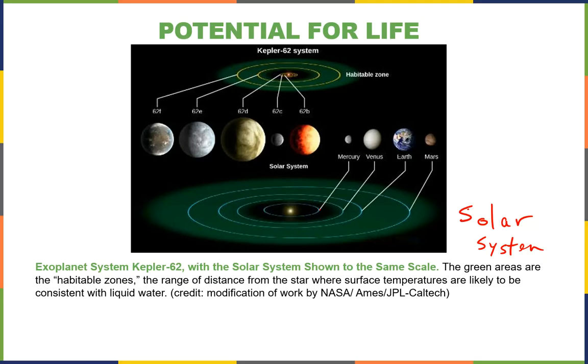Its orbit is potentially supporting life. You get further out, and the Earth is really right there in the Goldilocks zone. It's in the place that's just right, not too hot, not too cold. You go to Mars, and Mars is getting out on the cold edge of the habitable zone. So Mars could also support life, but it's on the cold edge.